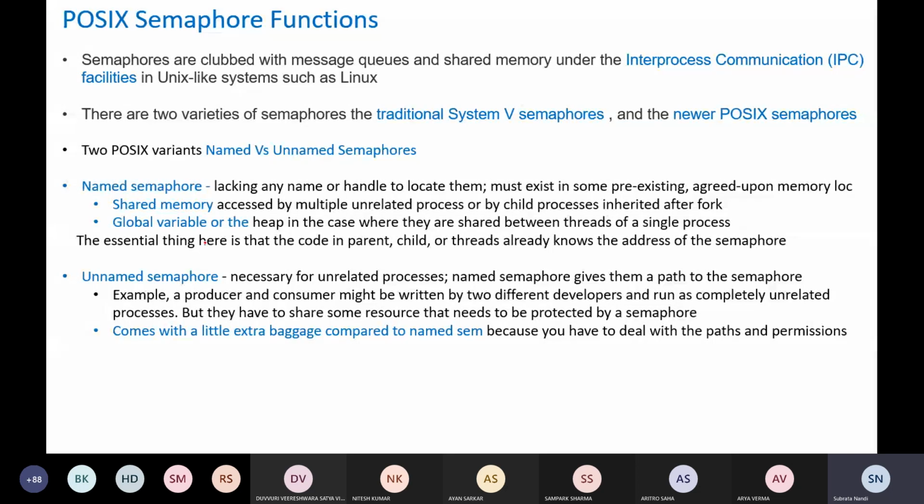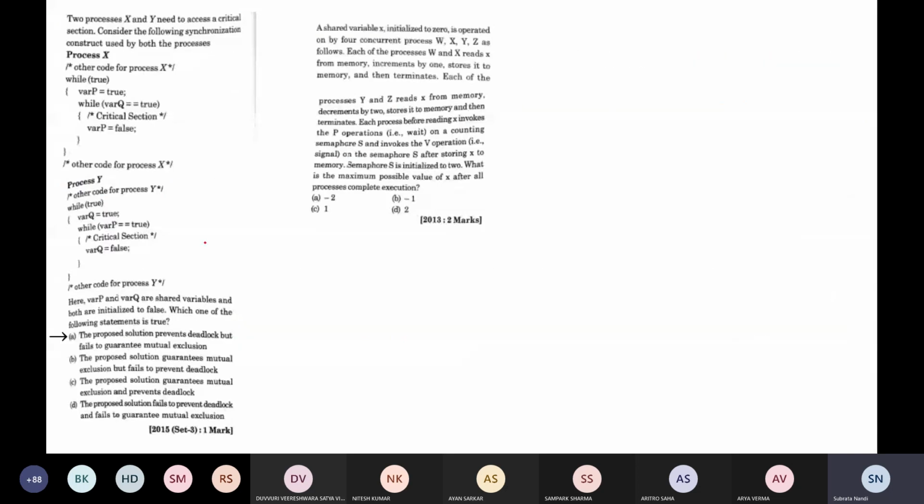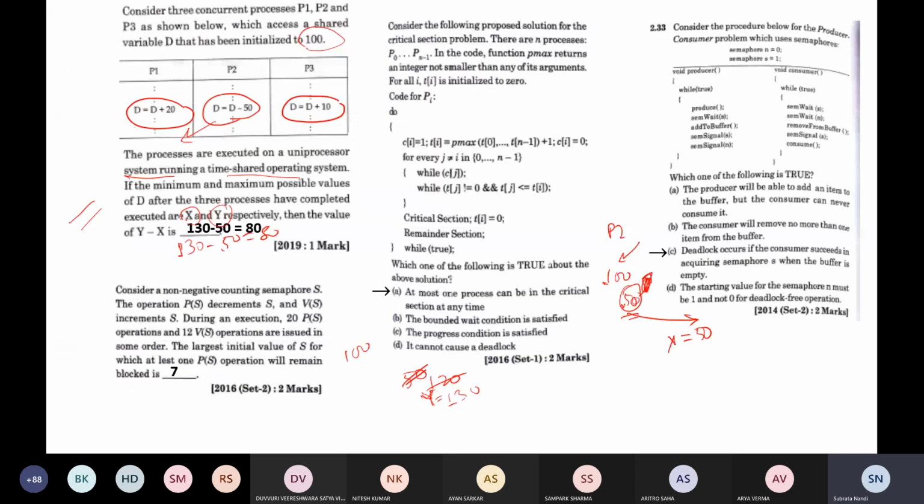So there are examples like these. This one is from the 2015 GATE exam. This is purely on the different attempts that we made, first attempt, second attempt, like that. These are pretty simple, straightforward questions.